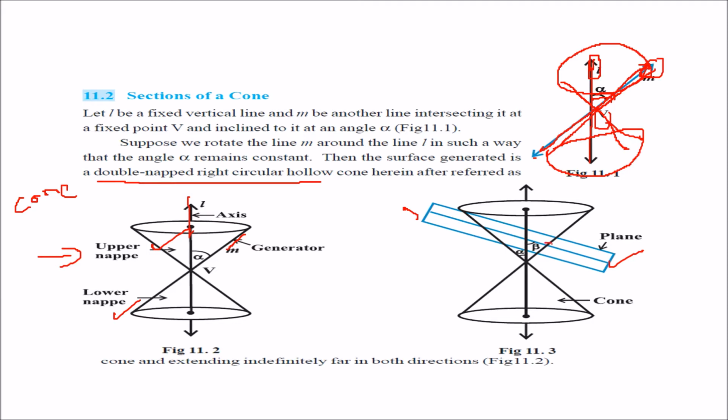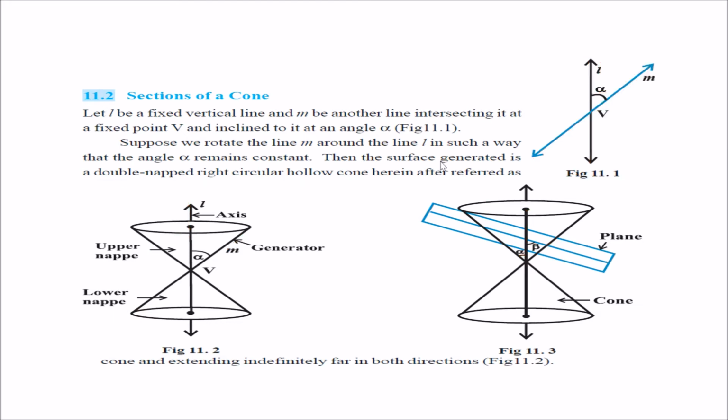We are going to talk about the resultant figures today. This is the angle alpha, and this is the beta angle which the plane makes with L. How alpha and beta are related will define the various types of conics.